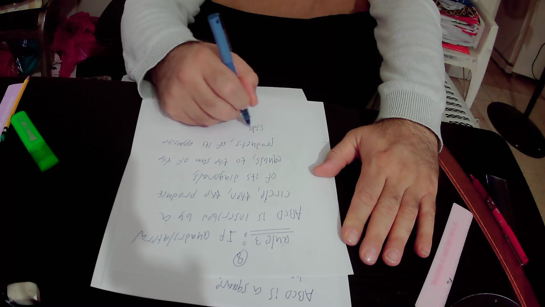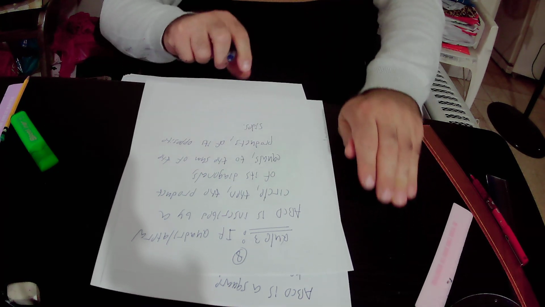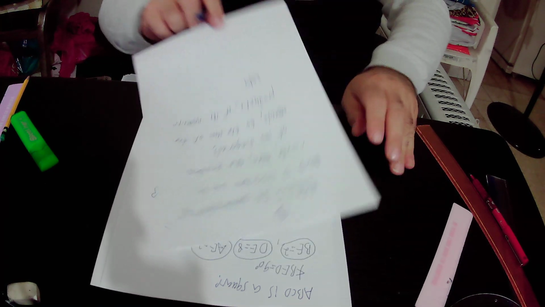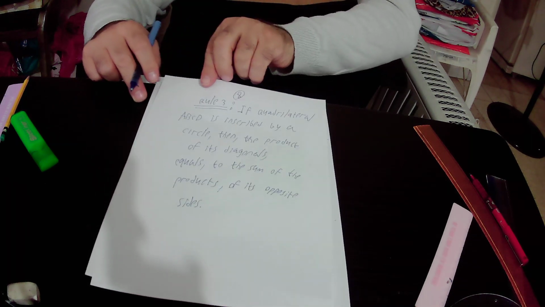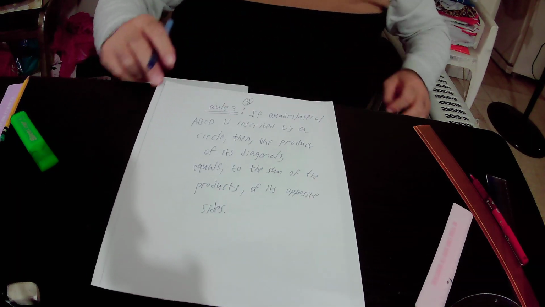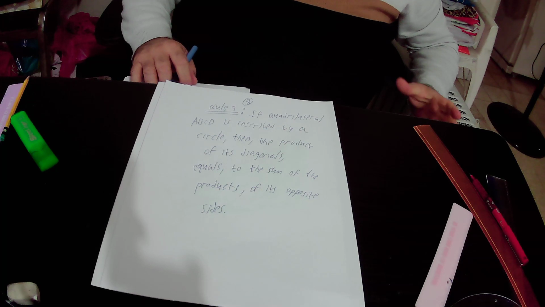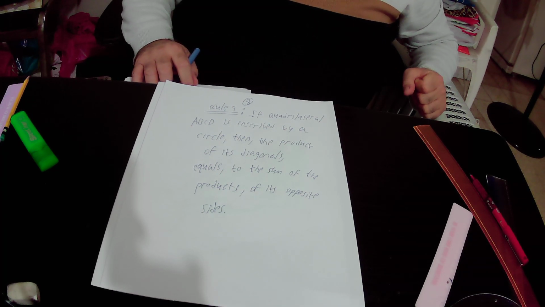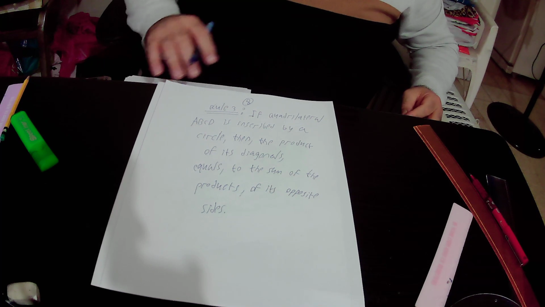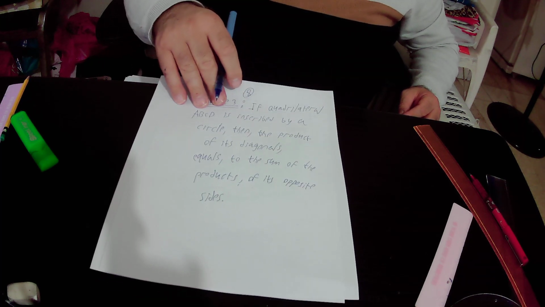I will repeat rule number 3 again. Rule number 3 states that if quadrilateral ABCD is inscribed by a circle, then the product of its diagonals equals the sum of the products of its opposite sides. So what is the meaning of rule number 3?